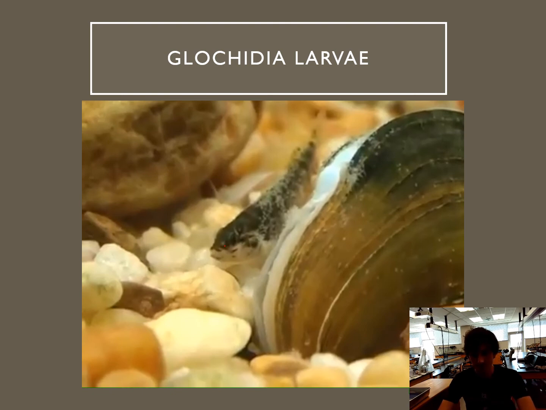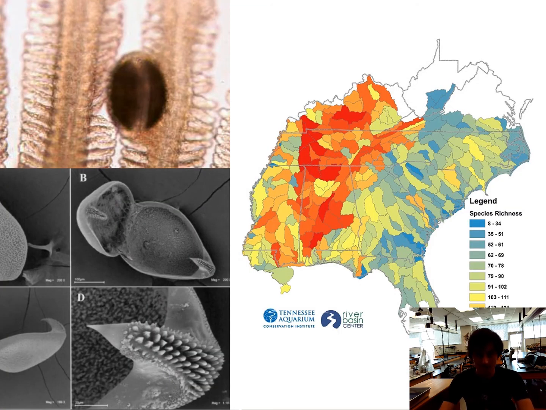One of the ways that these glochidia larvae do this is that they have these hooks. They look like really miniature mussels, but they have these two hooks at the very end. Right here is SEM imaging of these glochidia larvae. It uses these two hooks to basically clamp onto a gill, and then it won't be shaken free by the fish.